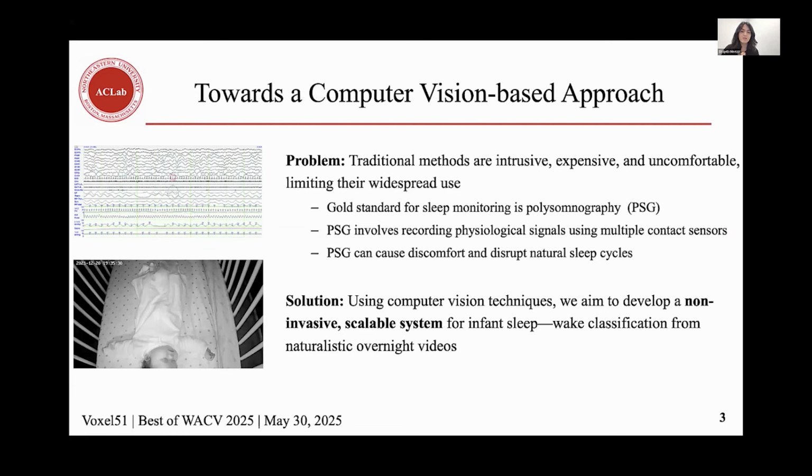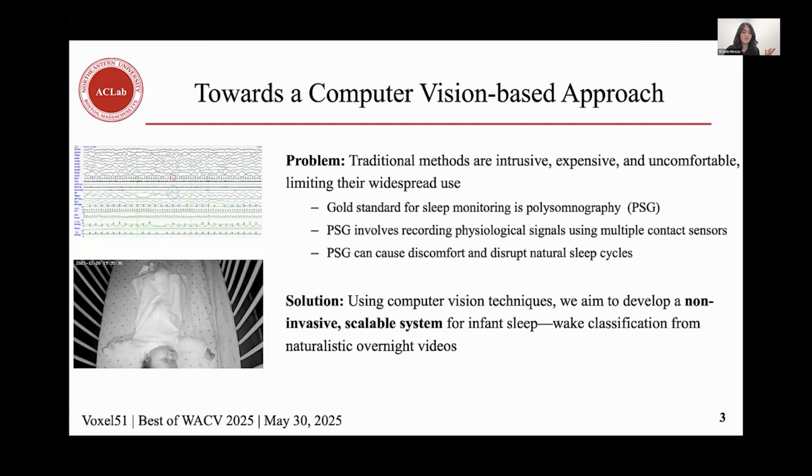This can cause discomfort and disrupt natural sleep cycles, so it could potentially not capture the natural sleep that we really are aiming to understand and learn from these infants. When they're hooked up to wires and sensors, that in itself can cause discomfort that does not allow us to get a natural understanding. Plus, we want to deploy this as an at-home solution, not in hospitals or labs where you're more constrained in your environment.